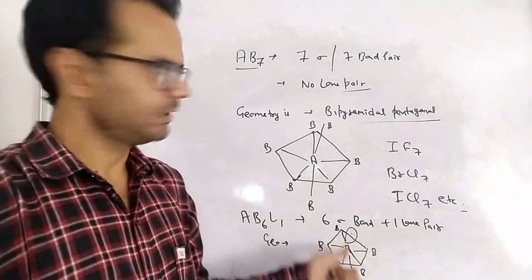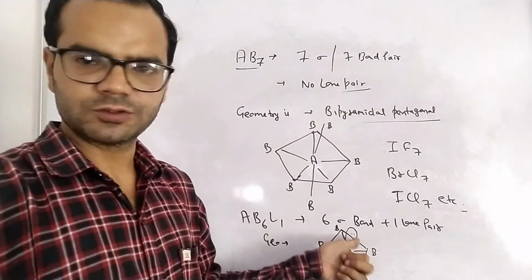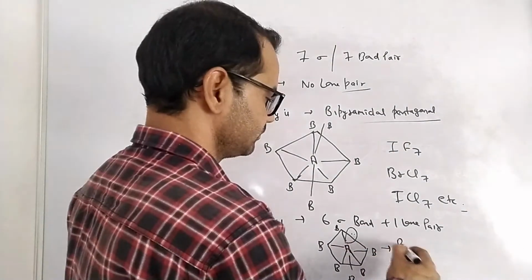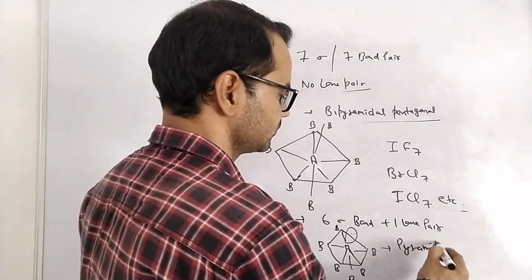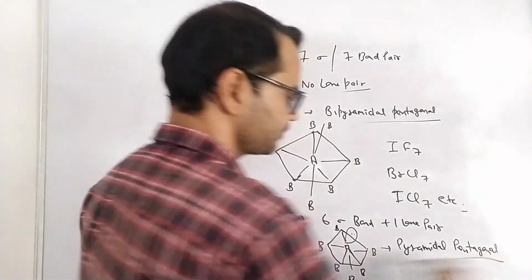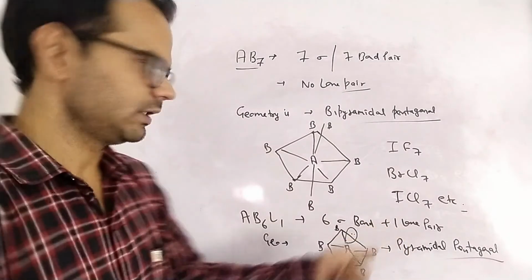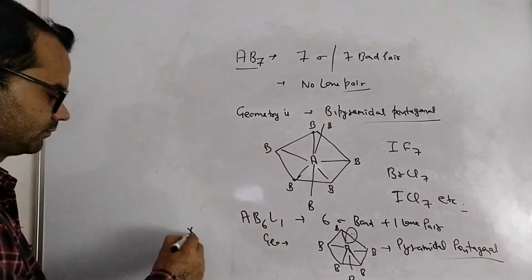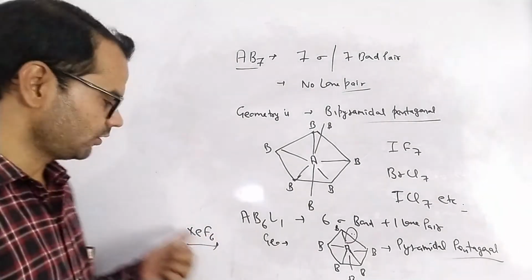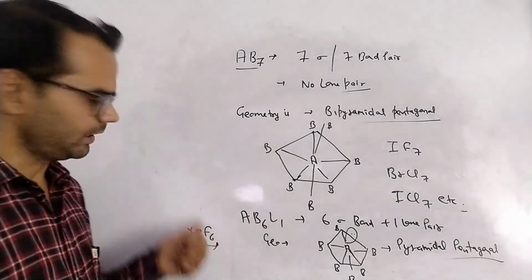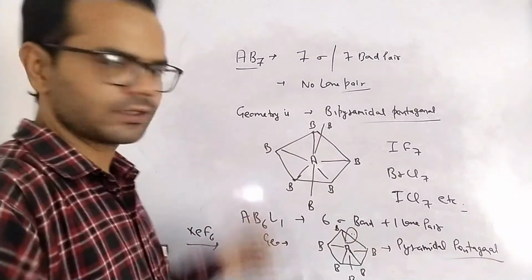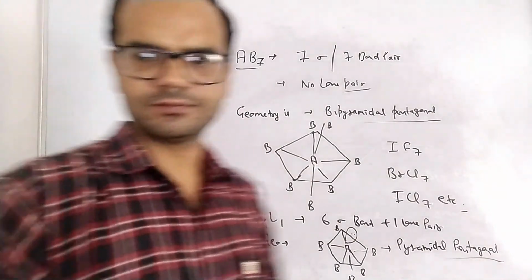Now at one pyramid there is one lone pair, so geometry changes from bipyramidal to pyramidal pentagonal. Example is XeF6. In xenon, 6 direct bonds are formed and 1 lone pair is present. So case is AB6L1. That is the complete hybridization. Thank you.